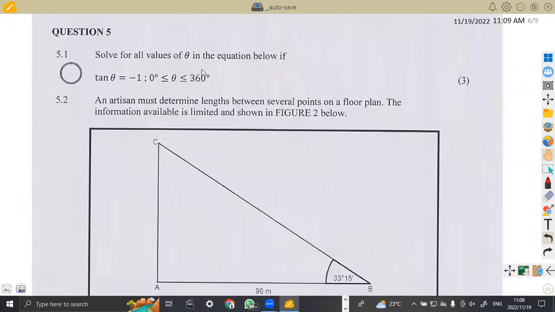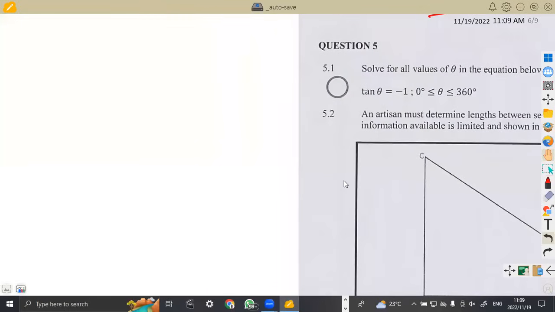Okay, 5. Solve for all values of theta, the equation below, if tan theta is equal to -1 from 0 to 360. The negative, guys, I told you is just for the quadrant where we are going to have our answer.